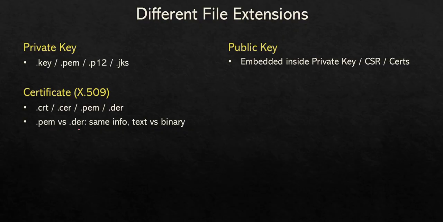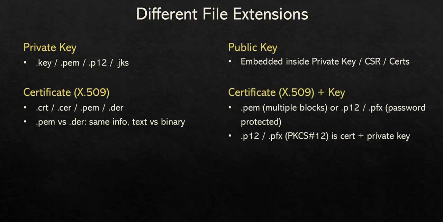Both .pem and .der contain the same information. It's just that .pem is a textual representation of the private key as well as the certificate, whereas .der is the binary representation of the same information, right? So .der also contains the private key as well as the certificate.